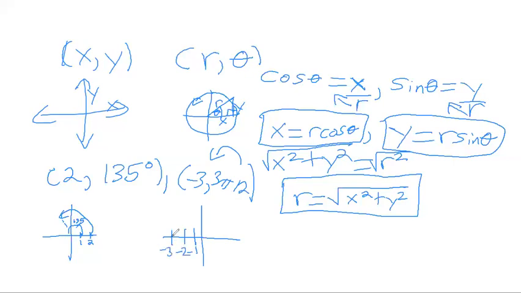So I start here at -3, and since it's a positive angle, it goes counterclockwise like this. Since it's 3 pi over 2, this is pi over 2, this is pi, and then bam, 3 pi over 2. So that is this point right here, -3, 3 pi over 2.